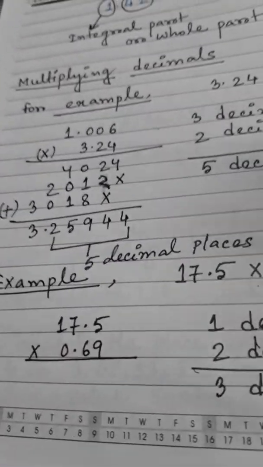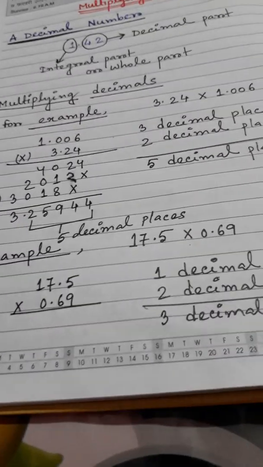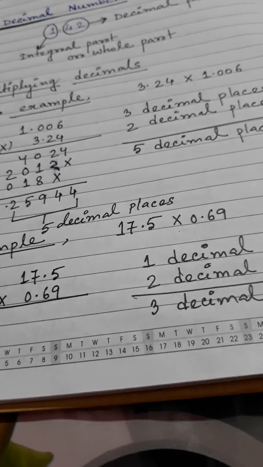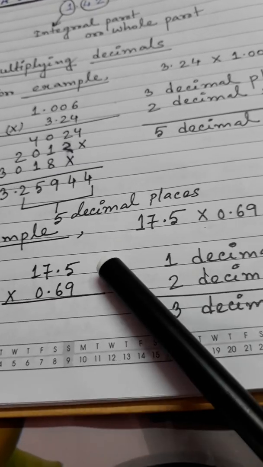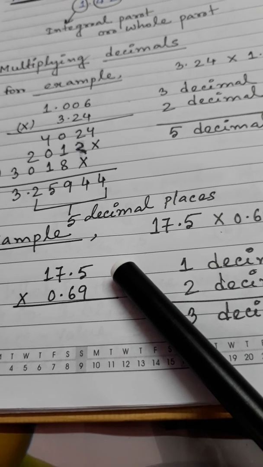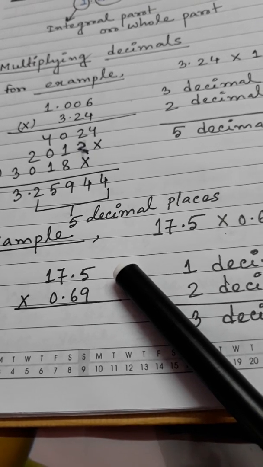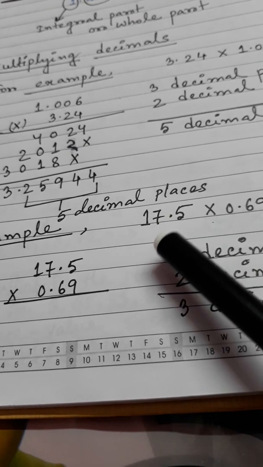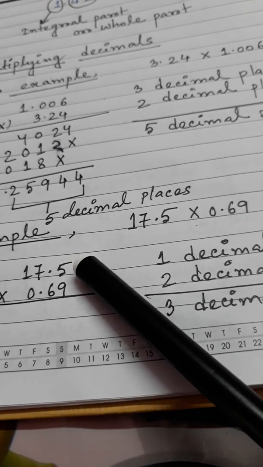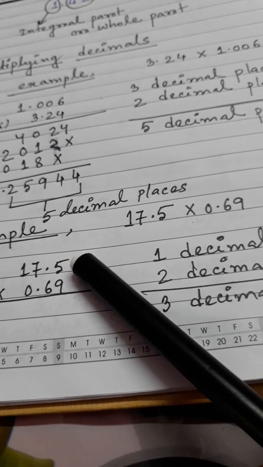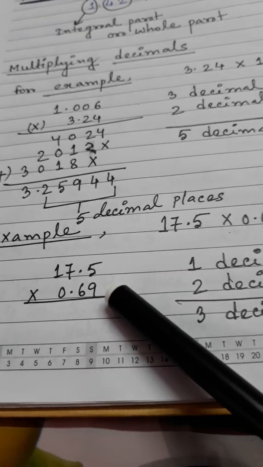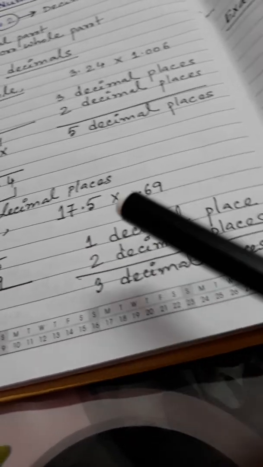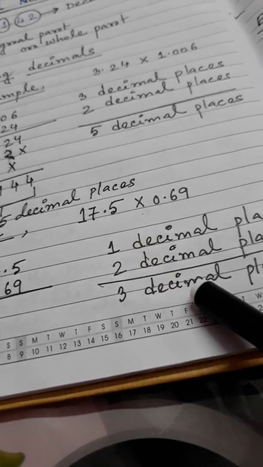Let's see example 2, 17.5 into 0.69. In this case also, at first you have to find out after how many decimal places the decimal point is. In 17.5 it is after 1 decimal place, and in the second number after 2 decimal places, so 2 plus 1 equals 3 decimal places.